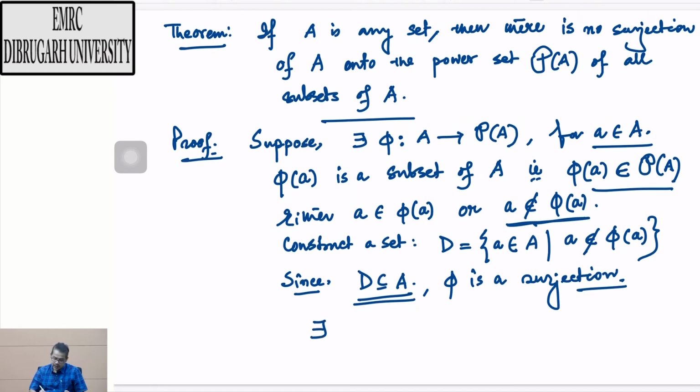There exists some a naught in A such that phi of a naught is equal to D.